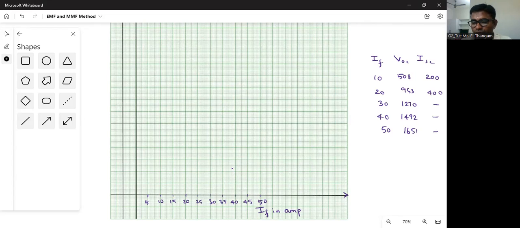Then come to the VOC. What is the maximum value? It is 1651, so we need to plot that maximum value here. We can take 1 centimeter equal to 100 volts, which means we need 16 centimeters, 1651 by 100, so 16 boxes.